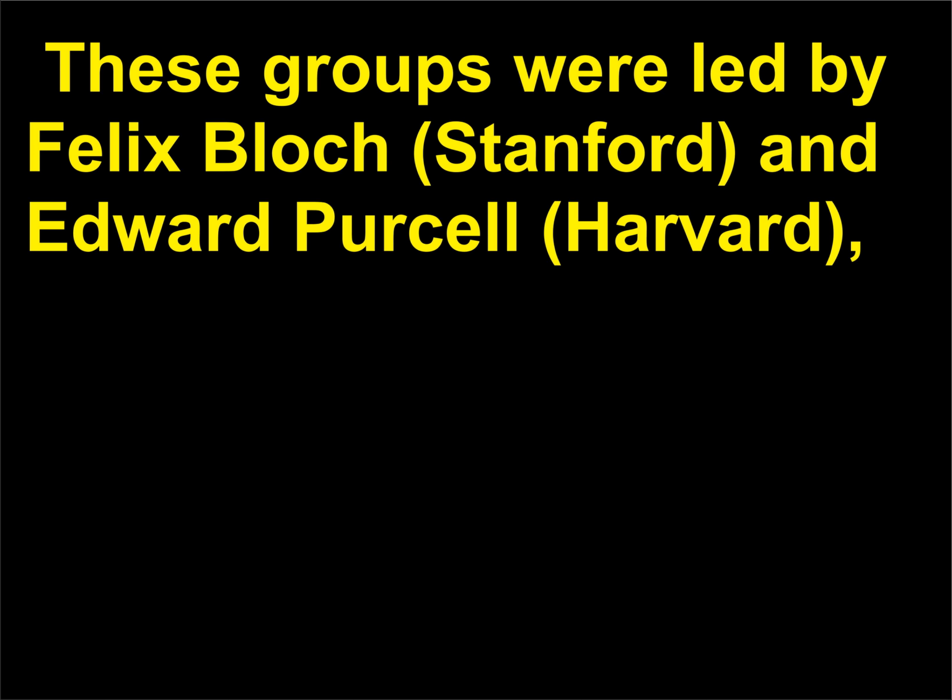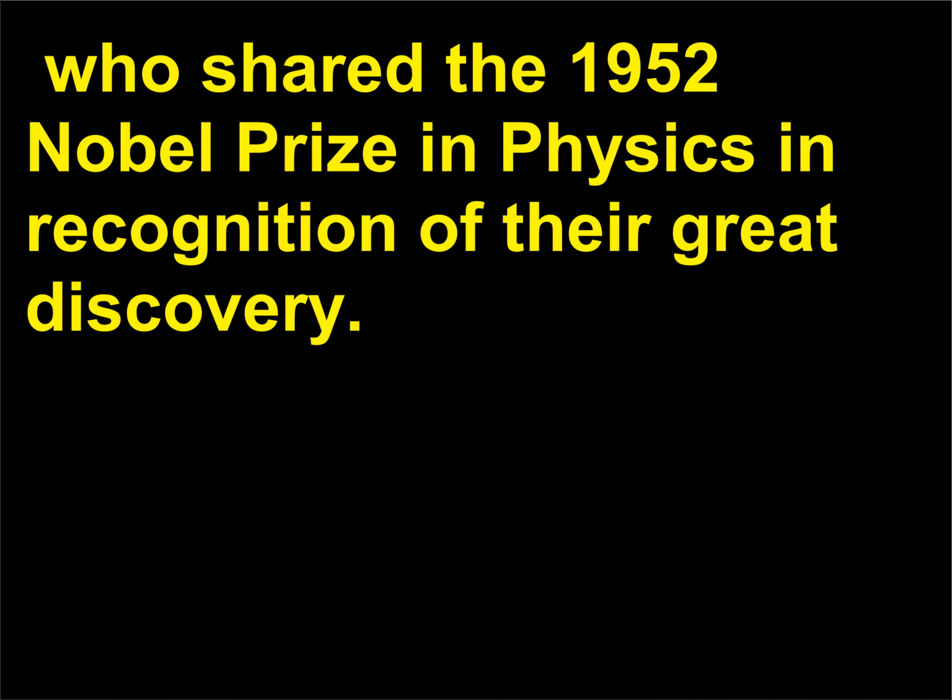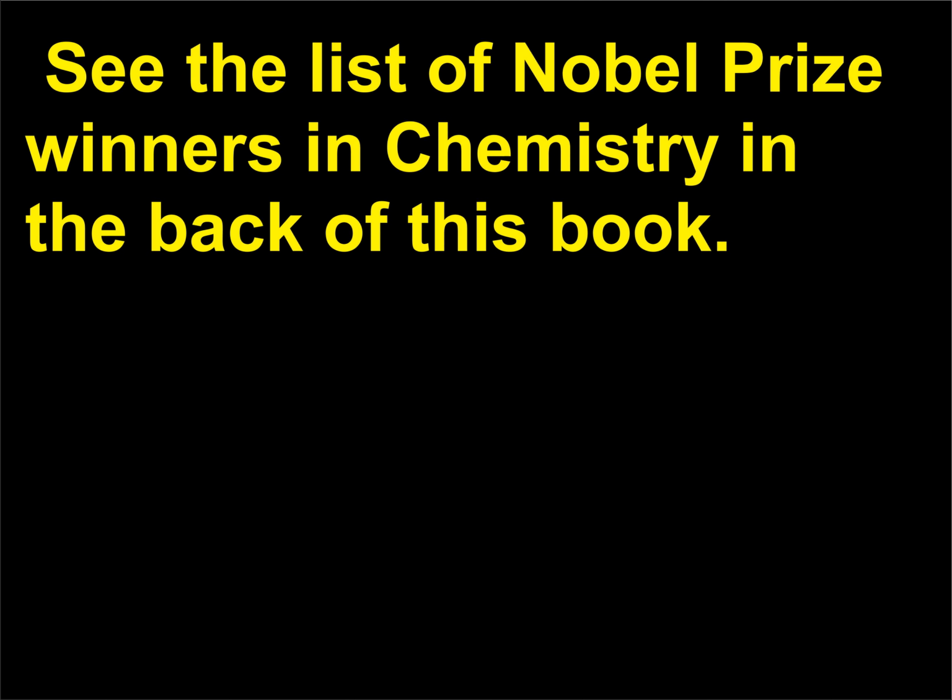These groups were led by Felix Bloch, Stanford, and Edward Purcell, Harvard, who shared the 1952 Nobel Prize in Physics in recognition of their great discovery. See the list of Nobel Prize winners in chemistry in the back of this book.